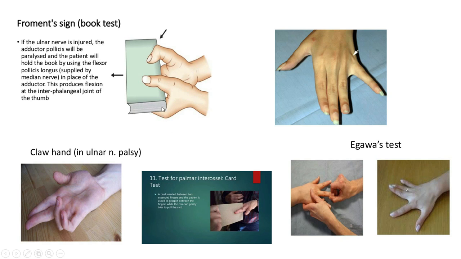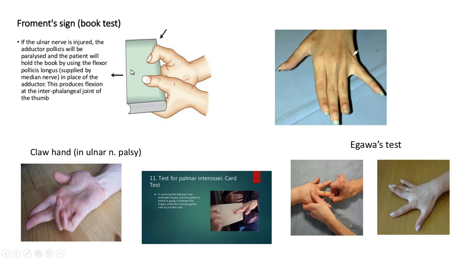Now on inspection, there will be Wartenberg sign. Wartenberg sign means that due to unopposed action of the extensor digiti minimi, there will be abduction and extension of the fifth finger. This is called Wartenberg sign, and this is called Froment sign or book test.